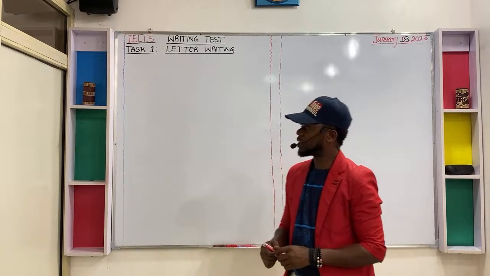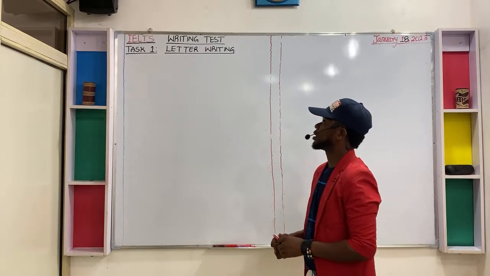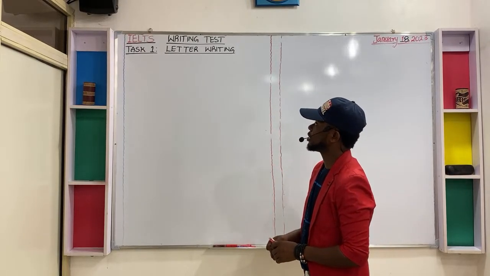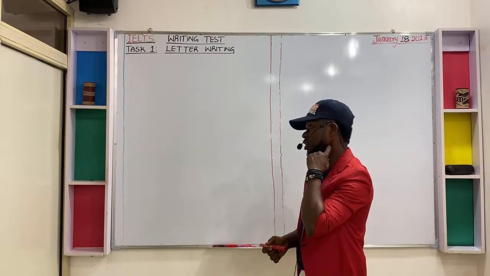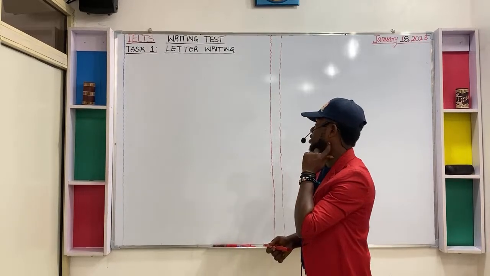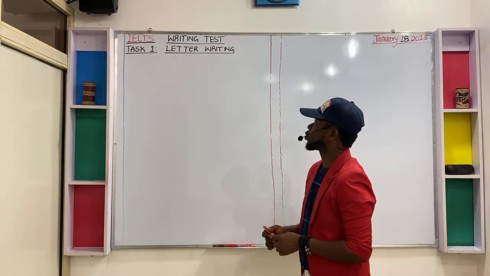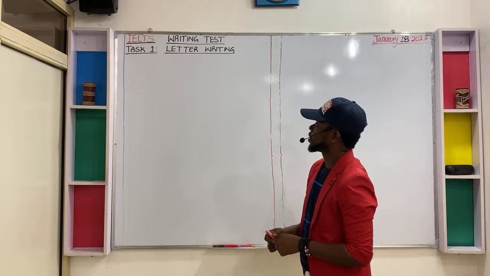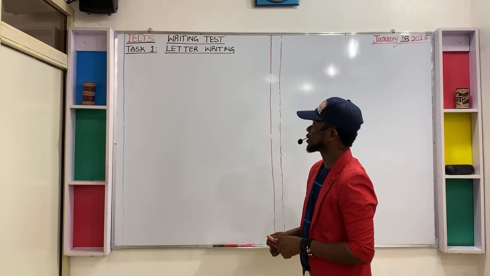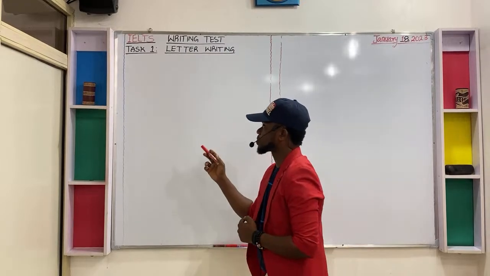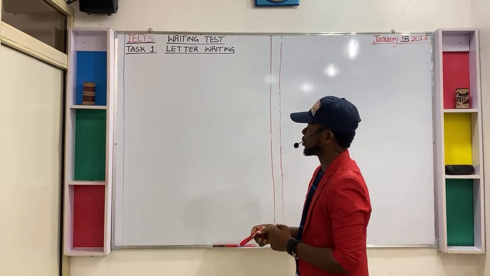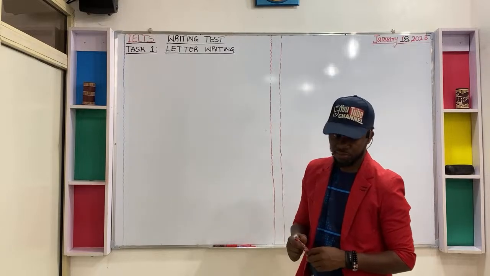So if you are applying to get some form of permanent residency, or you are seeking some form of employment internationally, then your task 1 is going to be letter. But if you're applying to study abroad, your task 1 won't be letter. It's going to be what we call report writing.